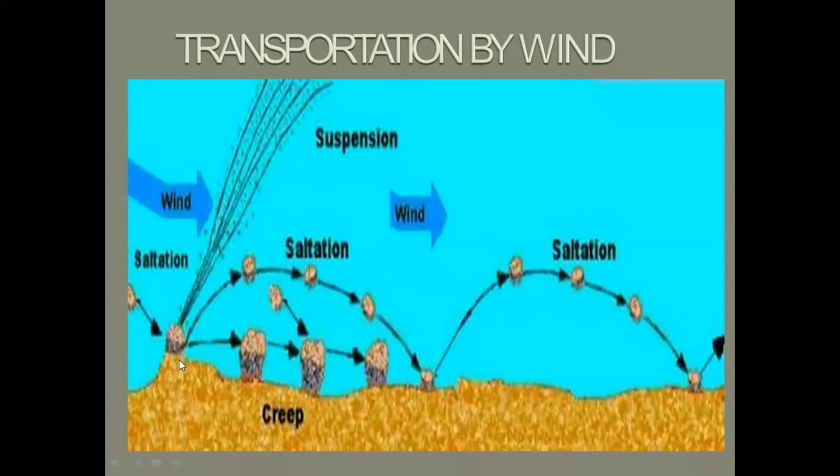So saltation is a process in which sand grains or sediments move from one place to another in a jumping fashion. We call that motion saltation. The movement of sediments along the surface, we call creep, in which the sediments are not carried up, they don't jump, and they are not suspended.